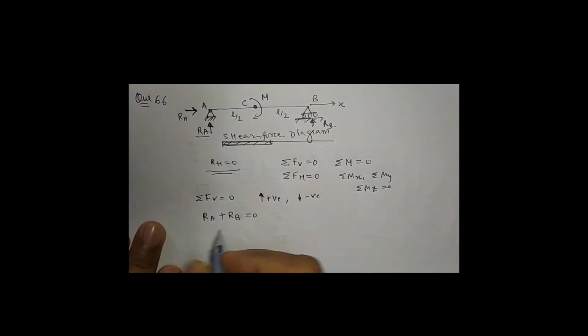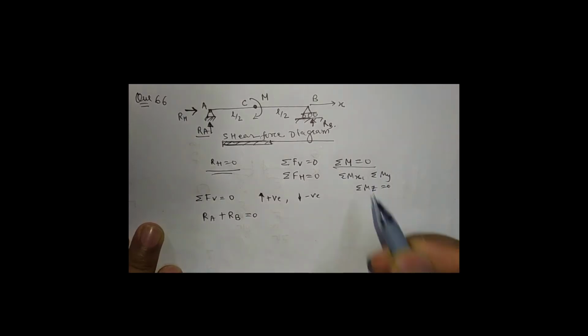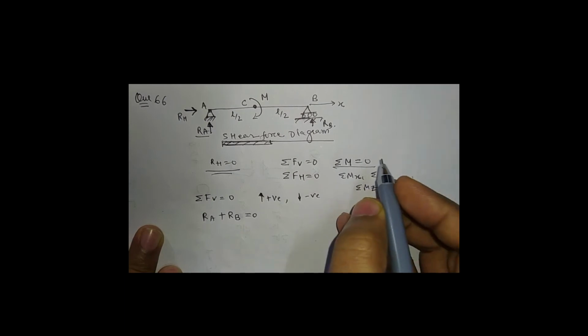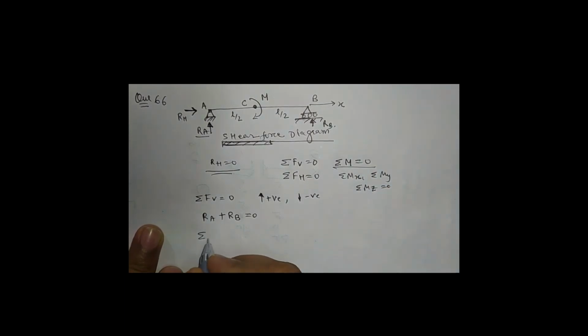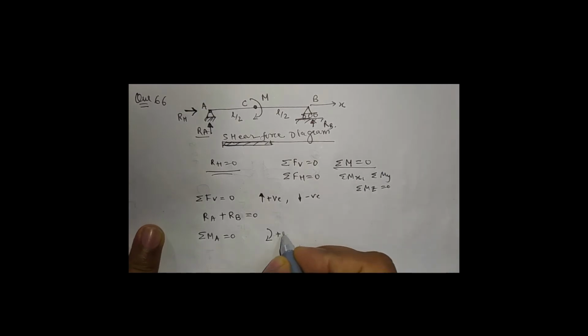Now we have to use another equation of static equilibrium: moment is equal to 0 at any point. So we are taking the moment about point A equal to 0. We are taking the convention that clockwise is positive and anti-clockwise is negative. We know that the moment is nothing but force into perpendicular distance.